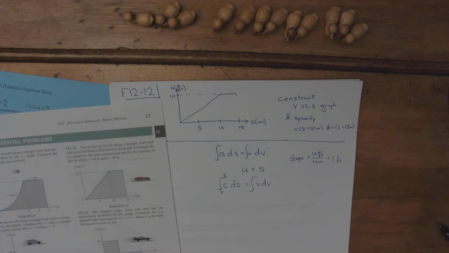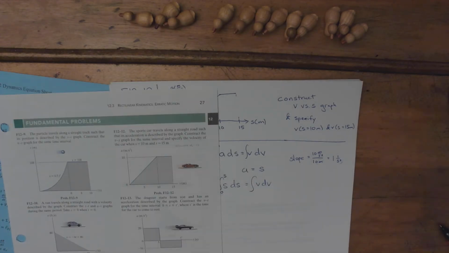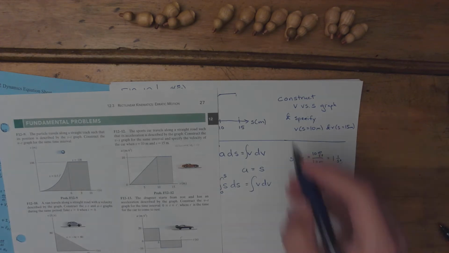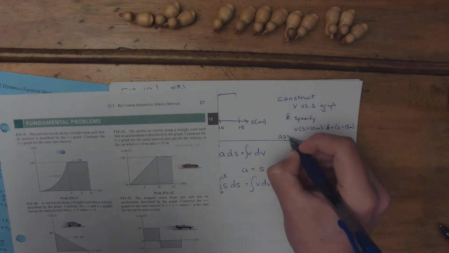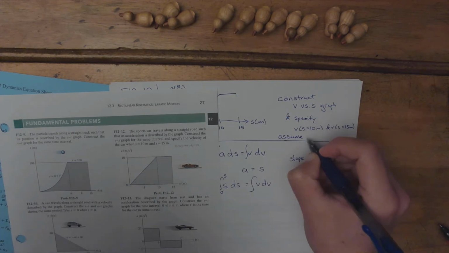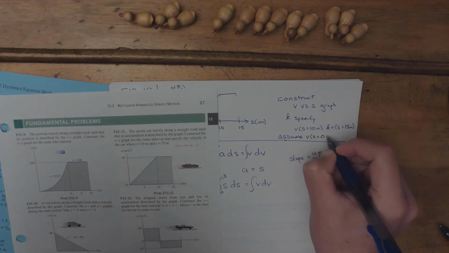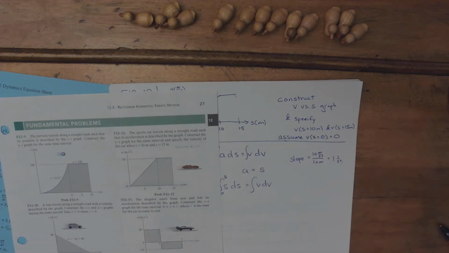They didn't give us the initial velocity here. Let's go back and look at the problem. It says the sports car is traveling along the road, and so, to be able to solve this problem, we have to assume something about the initial velocity. We're going to assume that the velocity when s is equal to 0 is also equal to 0.